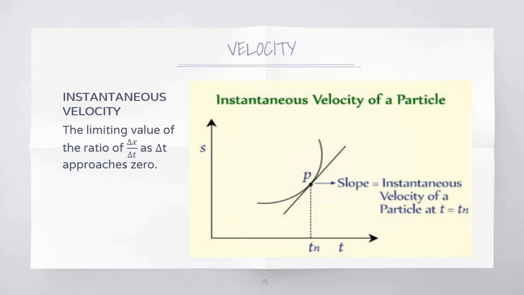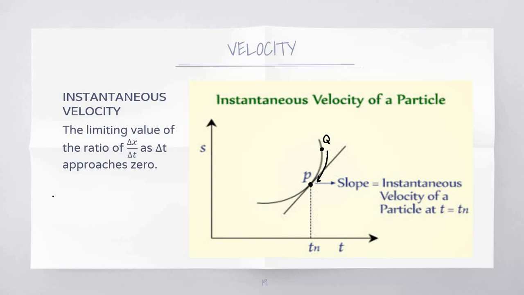In mathematics, we try to approach point P, the position of the particle, with another point, point Q. So point Q now approaches point P. As point Q approaches point P, our time variable becomes really small. That's why it approaches 0, because that's the start of your observation, right?